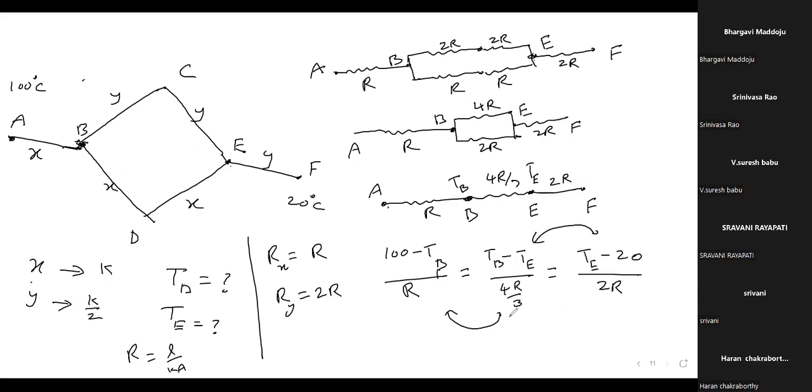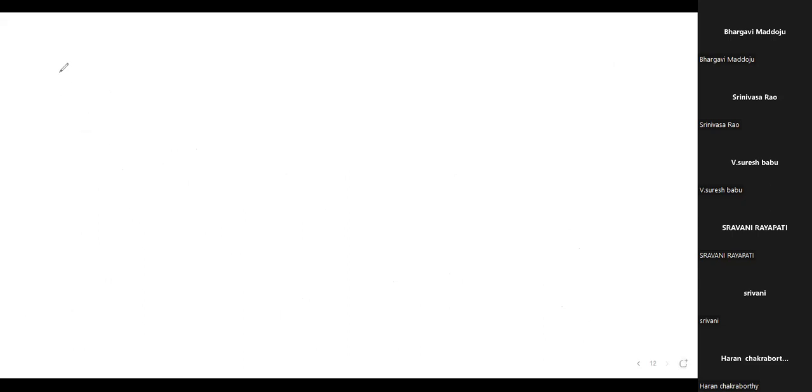Okay, by equating these two means, 100 minus TB equal to 3 into TB minus TE by 4.